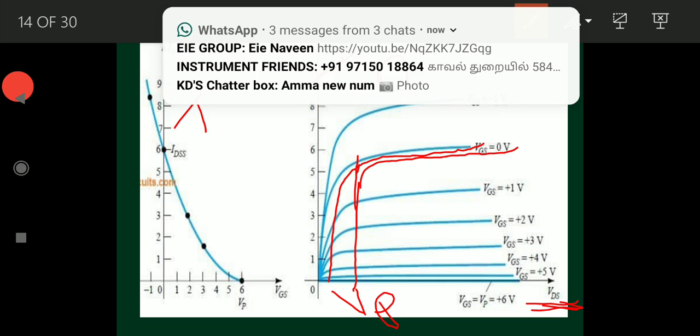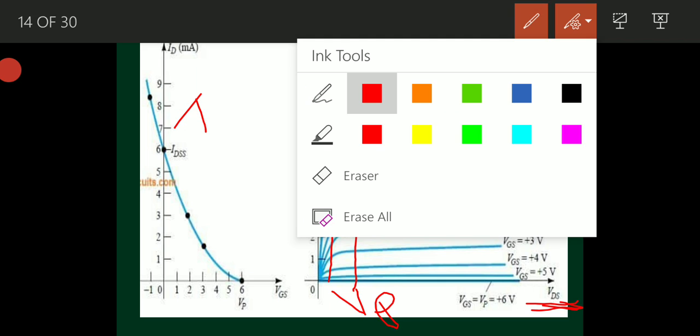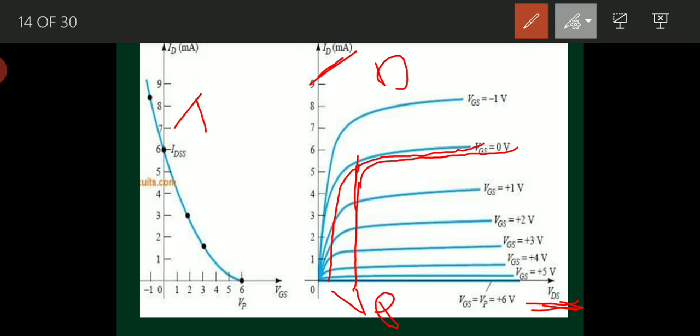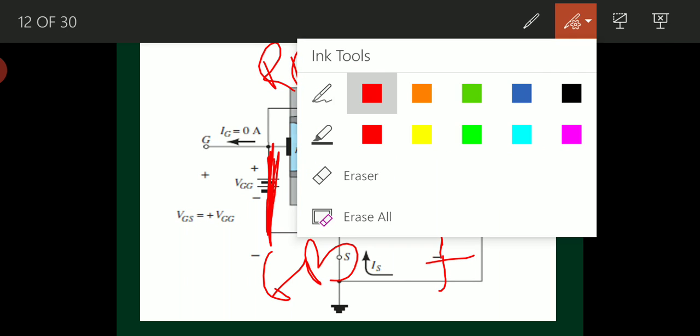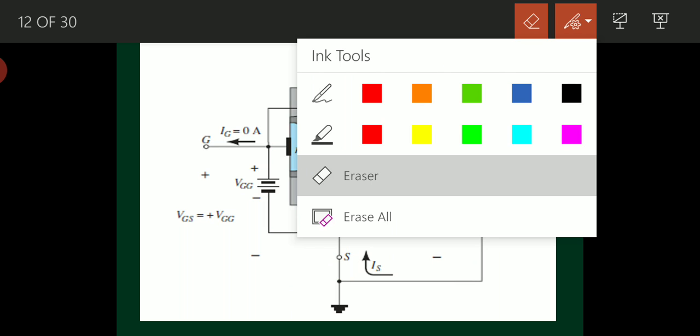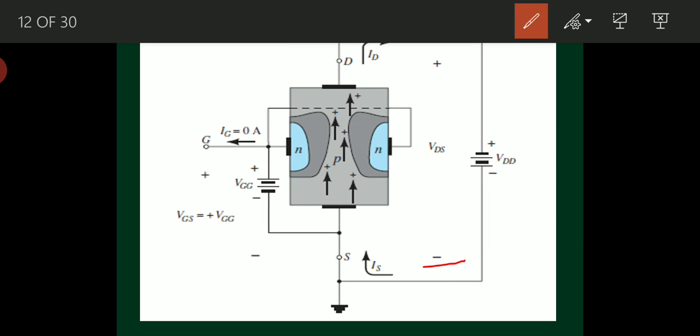What is case 2? Case 2 is when VGS is greater than 0. This is positive, this is negative. In the diagram it was shown wrong, so don't confuse. So VGS is positive now.